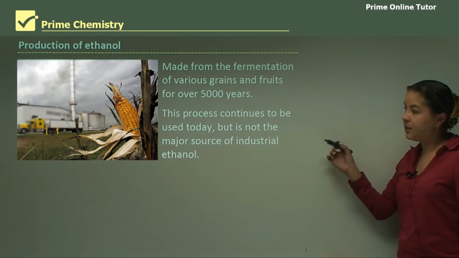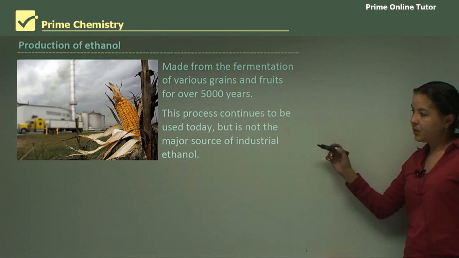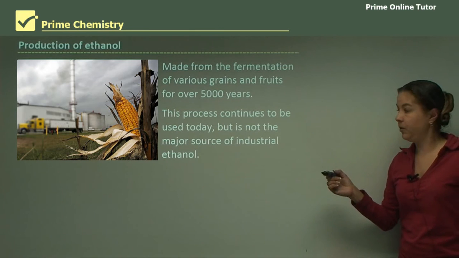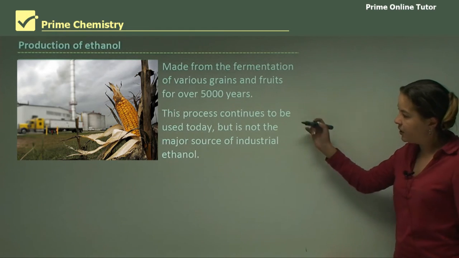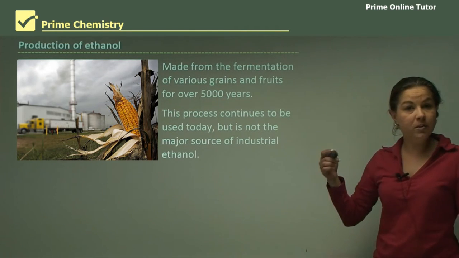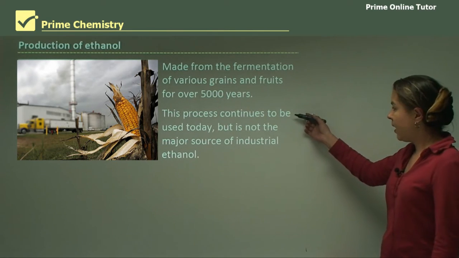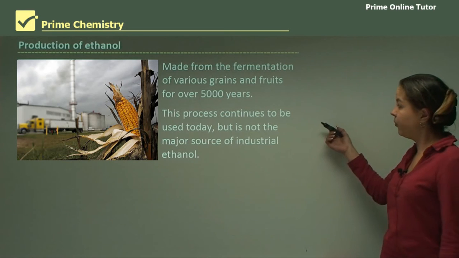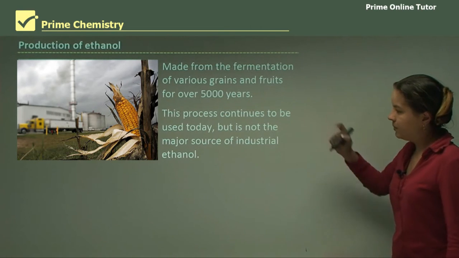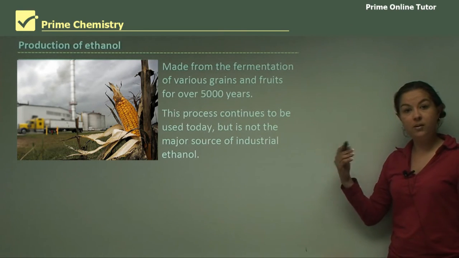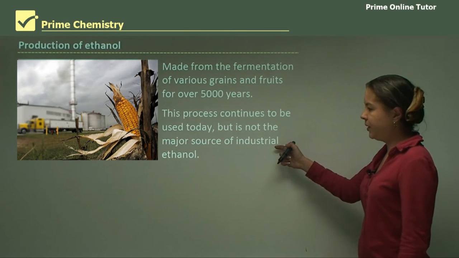So this process continues to be used today, but it's not the major source of industrial ethanol. So fermentation of such things as grapes to form wine, or potatoes to form vodka, or hops and malt and yeast to form beer, is continued to be done to form those alcoholic beverages, but not for an industrial source.